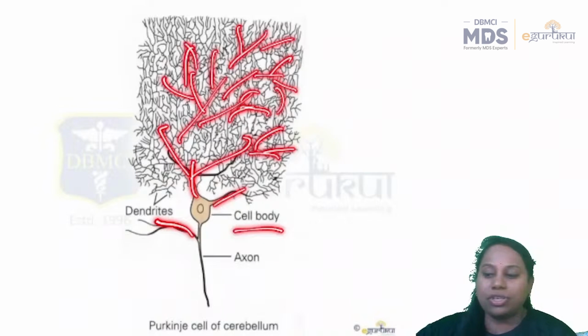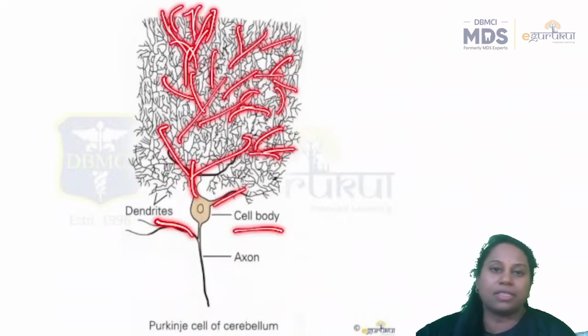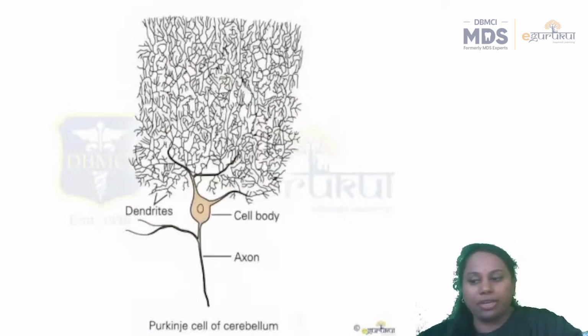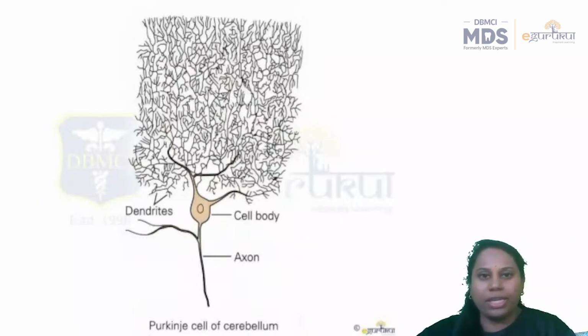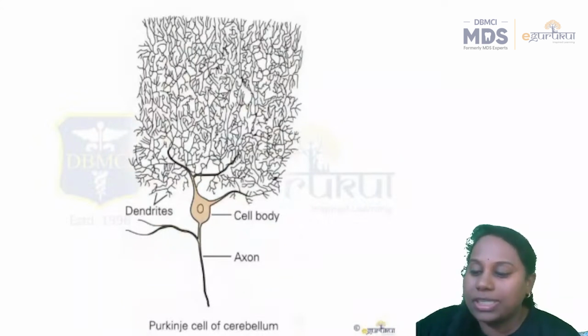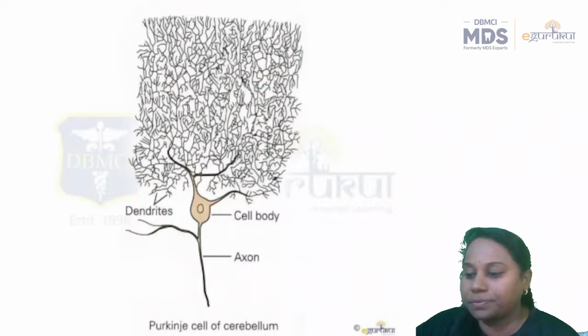So if you see such a diffuse dendritic processing system, it is a cerebellar cell, a Purkinje cell. So with the histology image only, you can identify: if the dendrites are dividing so many times to form a diffuse dendritic network, it is a Purkinje cell of the cerebellum.